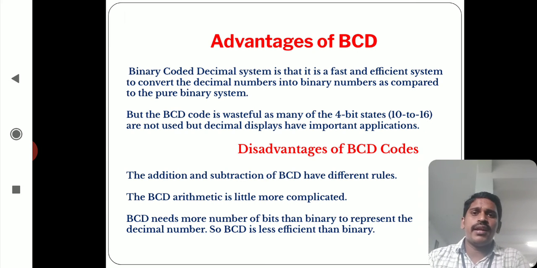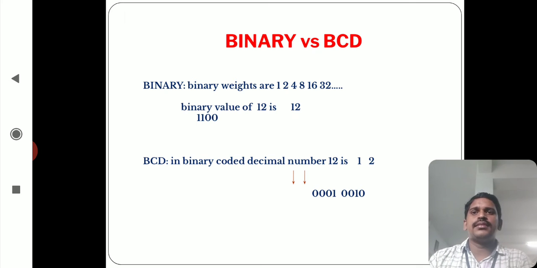For example, 12 requires 4 variables in binary form, but in BCD code we require 8 bits to show the equivalent of the decimal value 12 or 13. So these are less efficient than binary numbers. These are the advantages and disadvantages of BCD codes. First of all, we have to convert binary versus BCD.